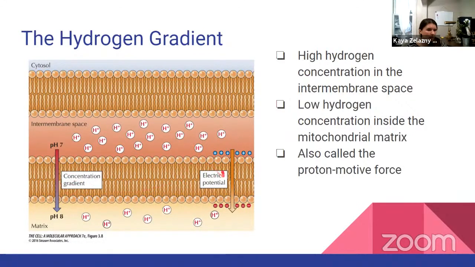There are other forces that are created by this hydrogen gradient, like a difference in pH and a difference in electrical potential, which are not topics for this class, but they're really just other ways to describe the fact that we have a ton of hydrogen here in this intermembrane space, building up, creating like a force for movement. So it's also called the proton motive force because a hydrogen ion is technically kind of just a proton, basically.